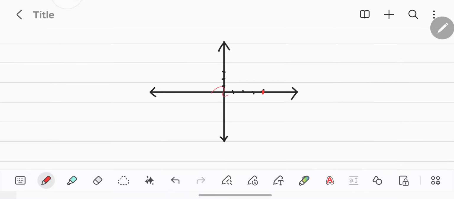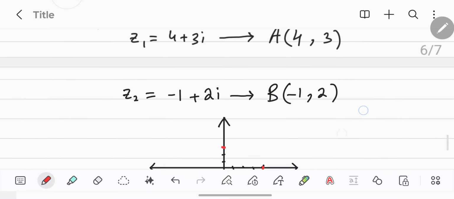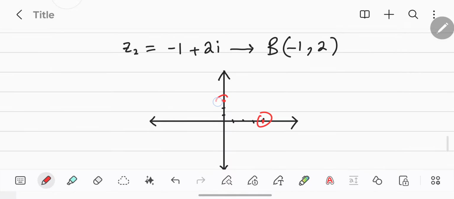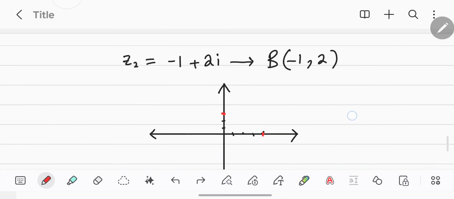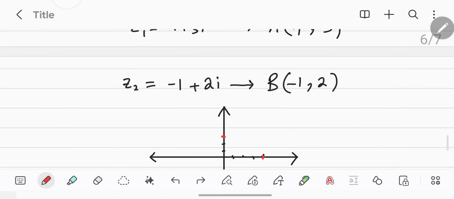So this point is the second component. This is the first component, this is the second component. The first component is 4 and the second component is 3. We have to make a single point by using both components. So how can I make a single point? Here on each component we draw straight lines.